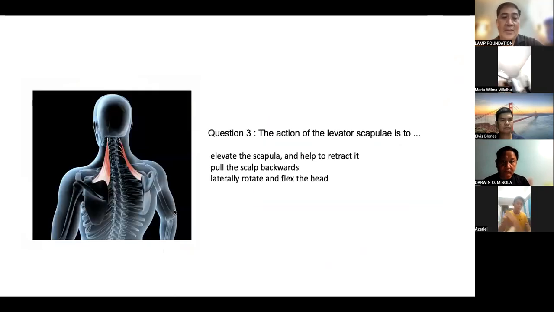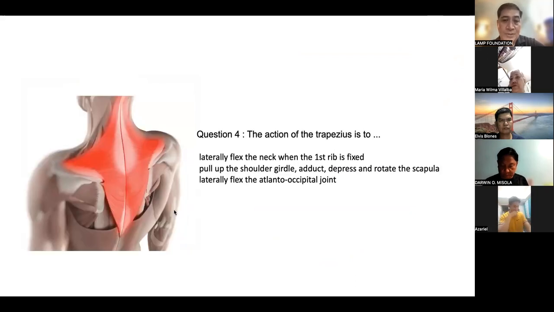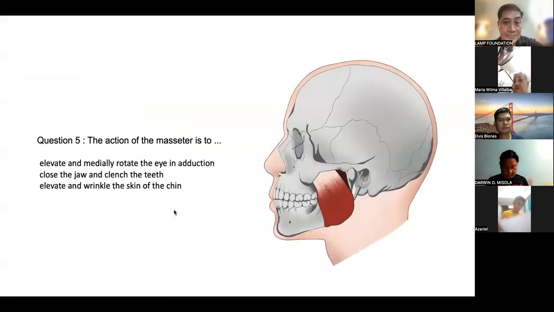The action of the levator scapulae. Elevate the scapula and help to retract it. Good. Action of the trapezius. Pull up the shoulder girdle, adduct, depress, and rotate the scapula. Okay, good. Action of the masseter. Close the jaw and clench the teeth.